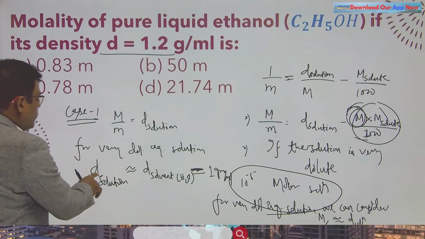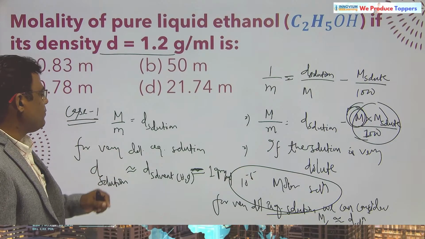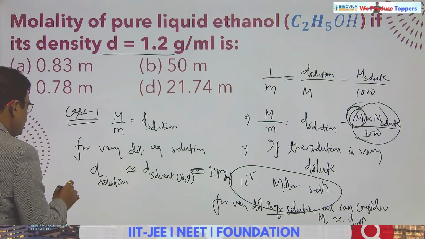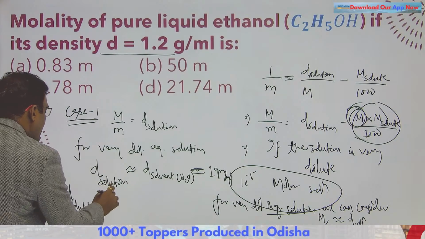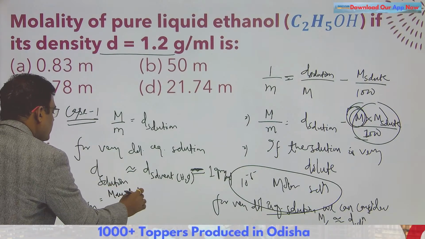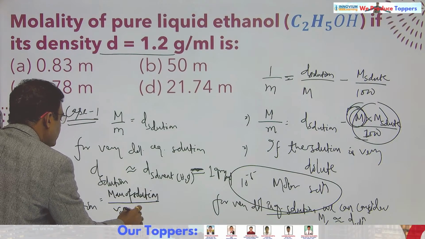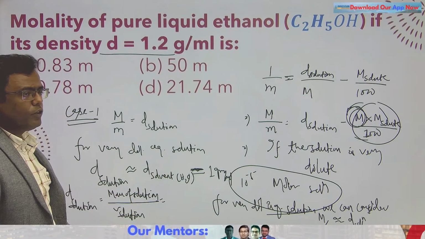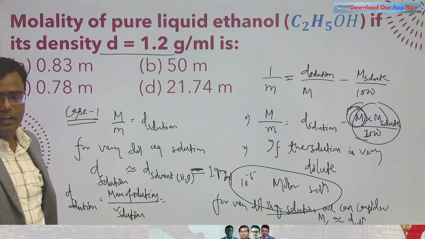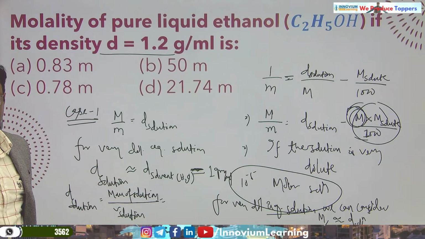And why is the density of solution equal to the density of solvent in the case of a very dilute solution? Very easy. Density of solution is nothing but mass of solution by volume of solution. Correct? And if the solution is very dilute, then in that solution the solute mass is negligible.